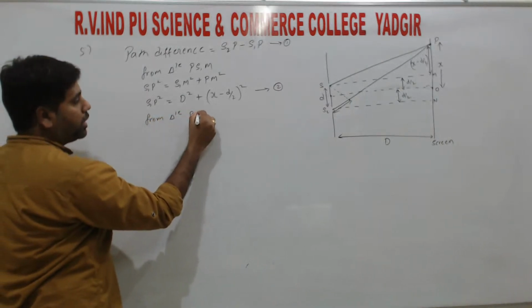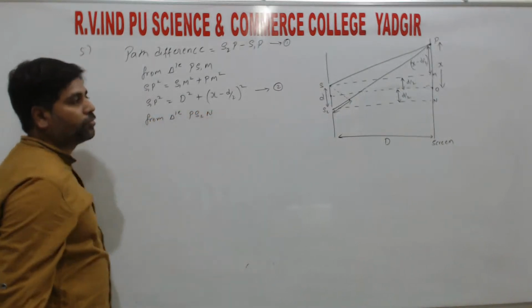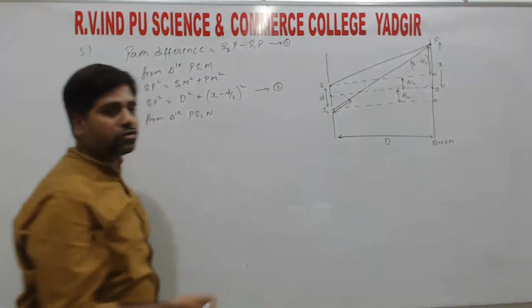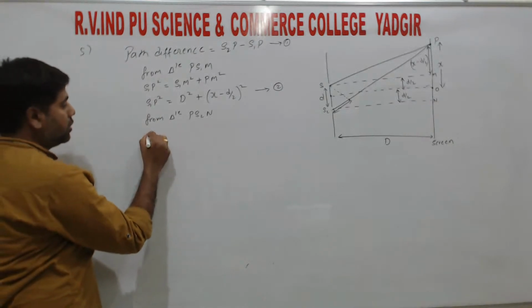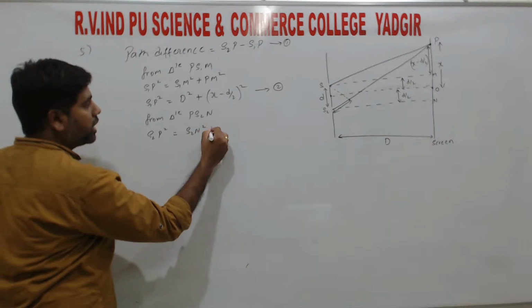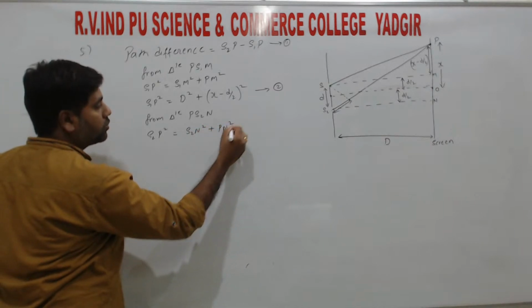So again from triangle P S2 N, this is also a right angle triangle. S2P square is equal to S2N square plus PN square, right?